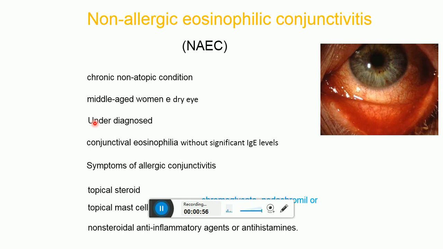There is conjunctival eosinophilia without significant IgE levels in the serum. The symptoms are similar to those of allergy: itching, redness, foreign body sensation, watery discharge. The treatment is topical steroids, mast cell stabilizers, NSAIDs, and antihistamines.